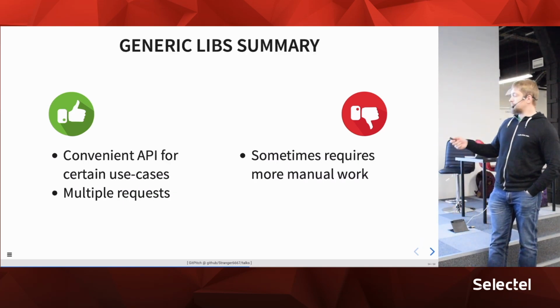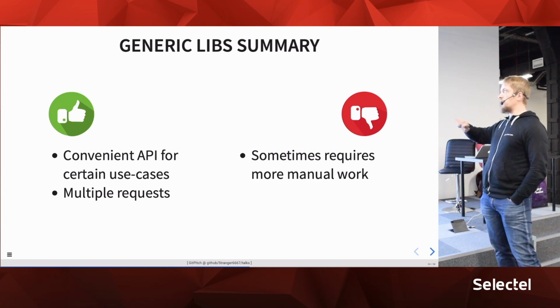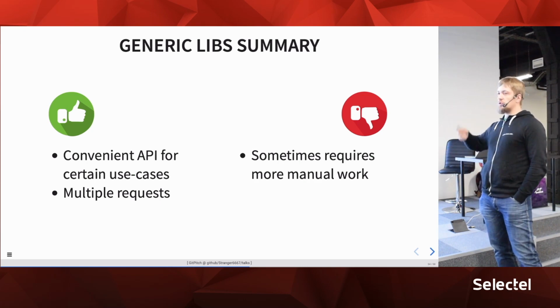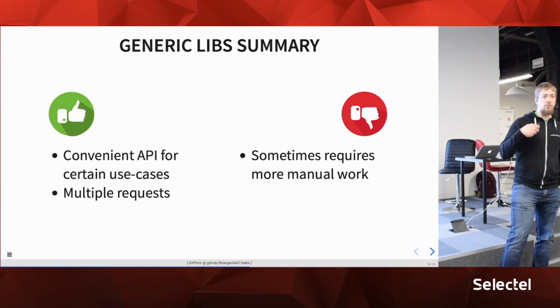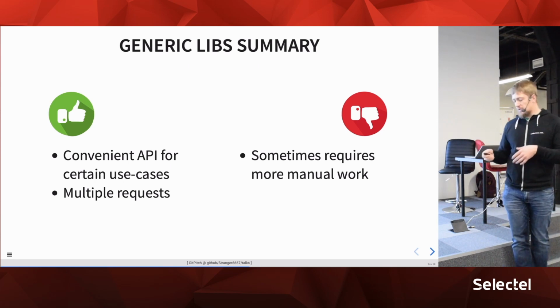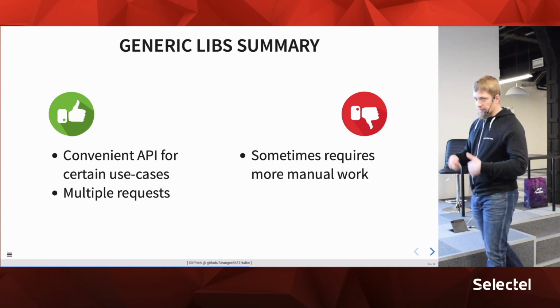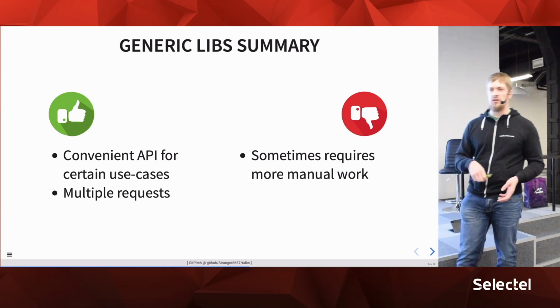Okay, so all these libraries that provide some generic API, it's usually really convenient to use, and it allows you to record multiple requests and responses. So you could test some sequence of requests, but sometimes it's kind of tedious to specify everything by hand, all responses, all statuses, and all the things.